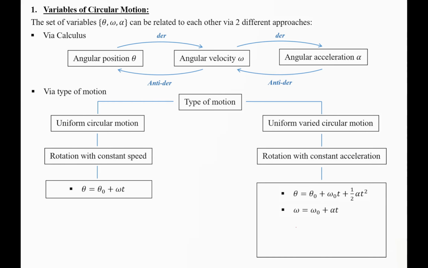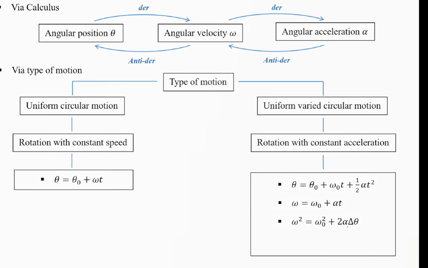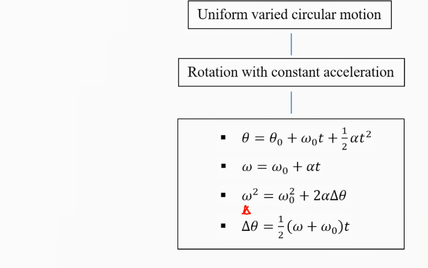The other one is in analogy with v: vx is vx0 plus a t, and vx squared is vx0 squared plus 2a delta x. The last one is delta x is half of vx plus vx0, multiplied by t.